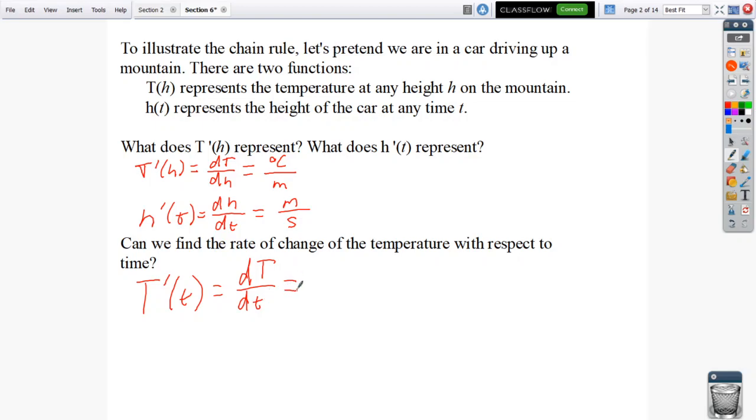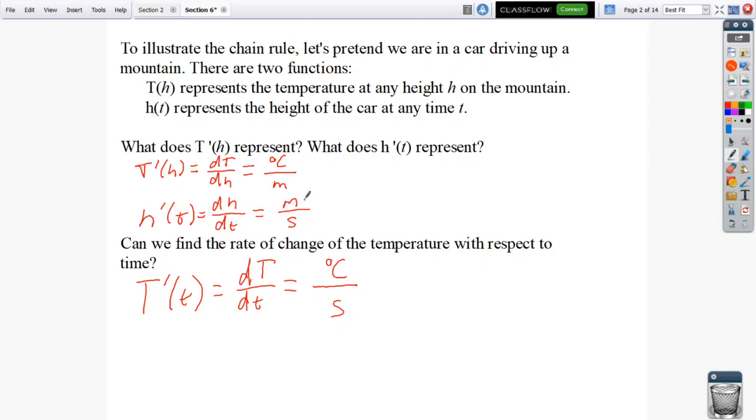One thing I will point out before we get into how to calculate it: the change in the temperature would be degrees Celsius, and the change in time would be seconds. One way we can think about this is as a dimensional analysis problem, where we have the degrees Celsius per meter times meters per second.